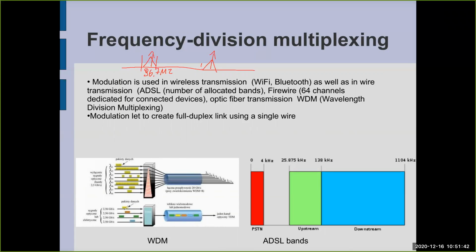In these fibers, we can send waves of different length, so different colors of signal. So in this case, using different colors, so different carrier waves, I can encode different data streams.